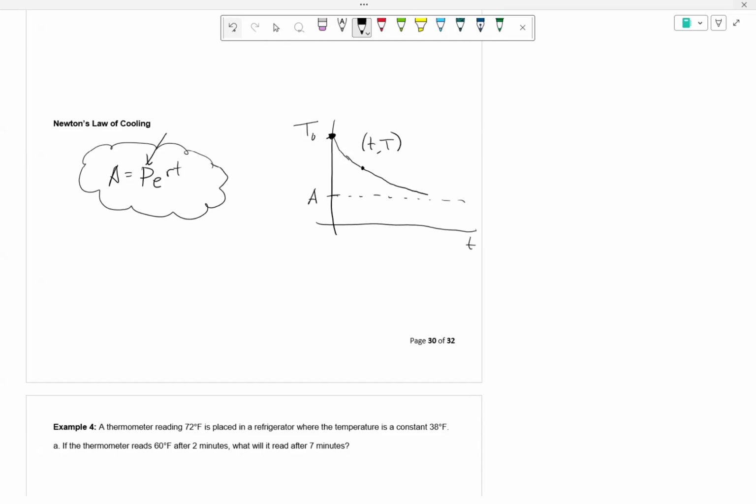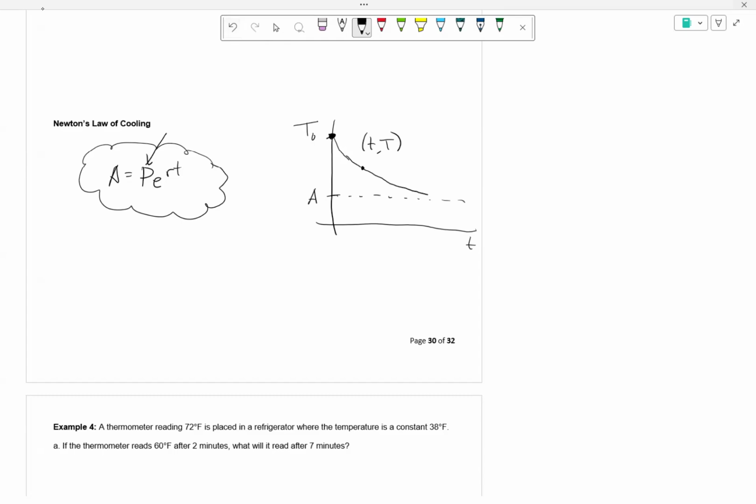Minus A. And normally, without the stretch, it'd be just one, right? It would just be one right here, but this is stretched. And you have to add A, yes, because this is a vertical shift. So this is our stretch right here, and that's what our P is equal to.